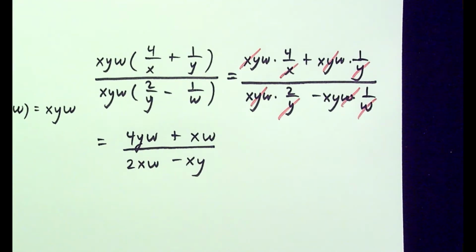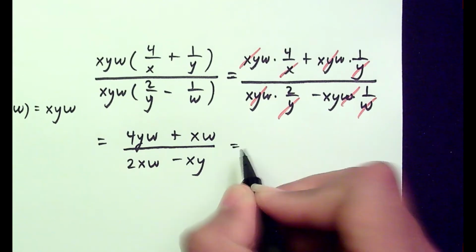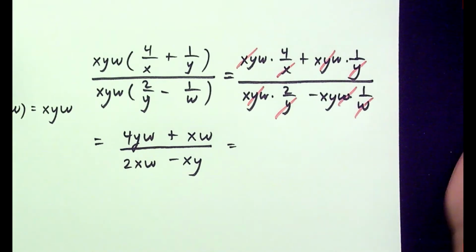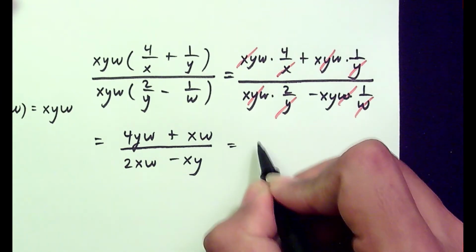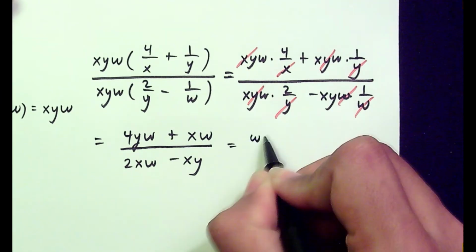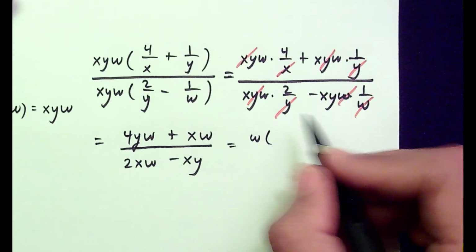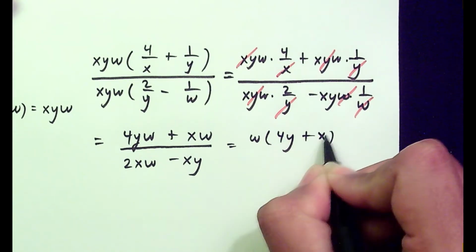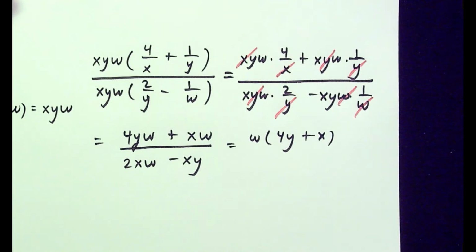Okay, and then you should always ask whether this is the end. Is this simplified as much as possible? Are we done? Well, I don't know, but we should try to factor and see if anything cancels. So from the top, you can factor this. You pull out a w, which is common, and then you have 4y plus x, and there's really nothing more that you can do to factor that further.